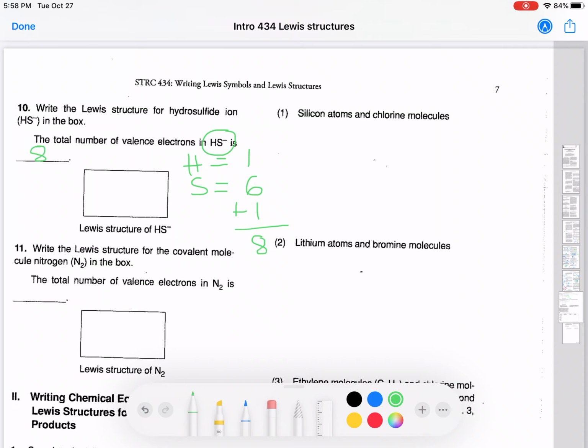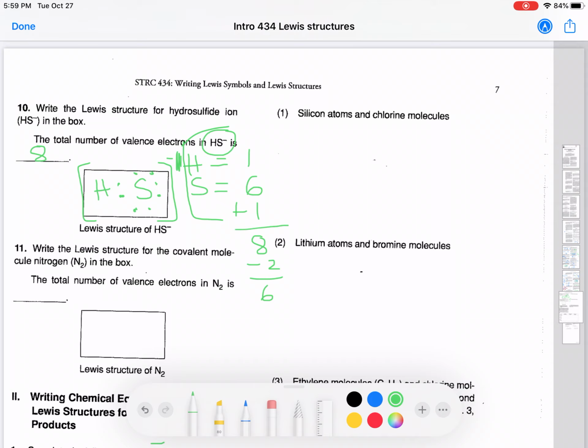Okay, and then the Lewis structure for HS minus would be hydrogen, sulfur. So put 2 electrons between hydrogen and sulfur, 6 left, and then you put those 6 electrons on sulfur, giving sulfur an 8. And since this is a charged ion, you put the negative 1 on the side, negative 1.